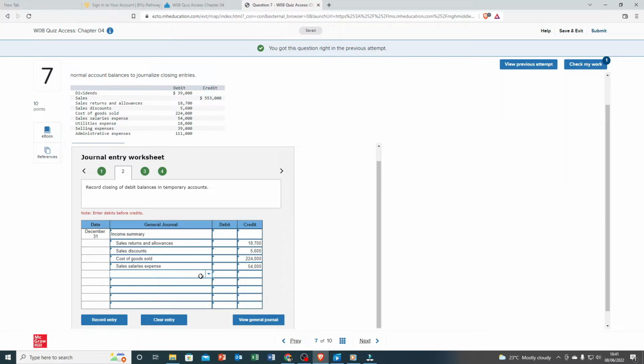After that, we also have utilities expenses, which we also credit. It's about 18,000. Selling expenses is right here. It's 39,000.